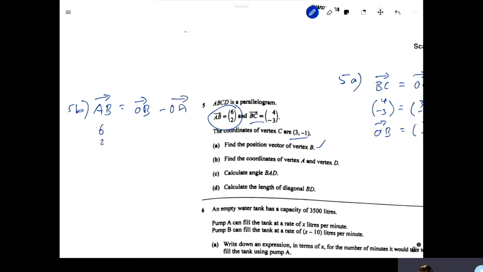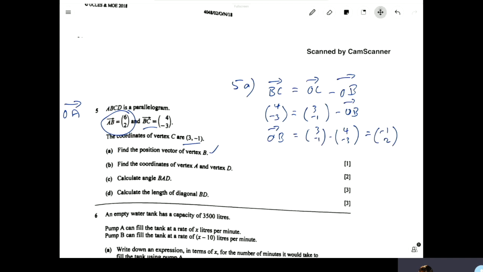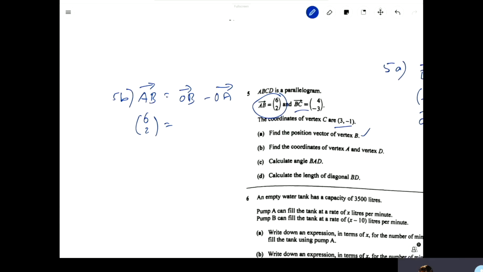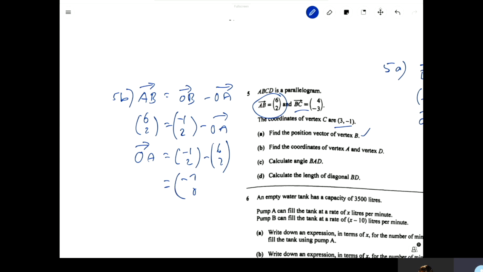So 6, 2 is equal to, do I have OB? Yes, this is here, minus 1, 2, minus OA. So once again, I can find OA. OA is just minus 1, 2, minus 6, 2. That will give us minus 7, 0. Okay? That's OA.